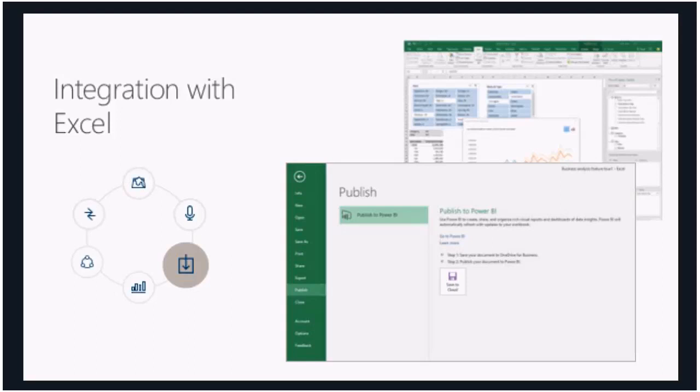We don't want them to start from scratch. So if you've built your Power Pivot models in Excel, you can just publish them to Power BI and use them inside Power BI. This is a very important thing beyond just exporting. All the investments that you've made for years and years, you can do that quickly.